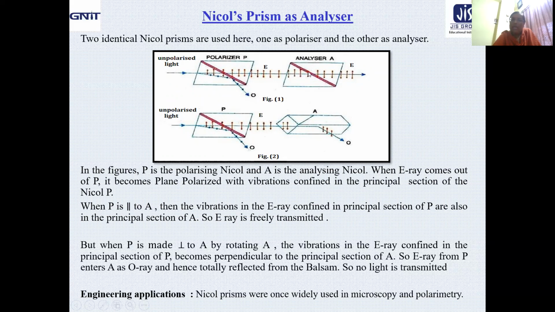So, E ray will come out through the analyzing Nicol and we will get the maximum intensity of the polarized light.